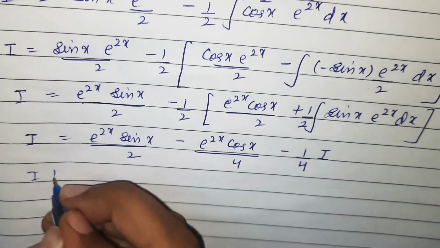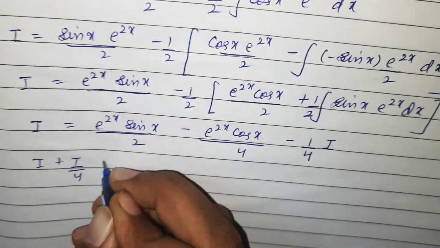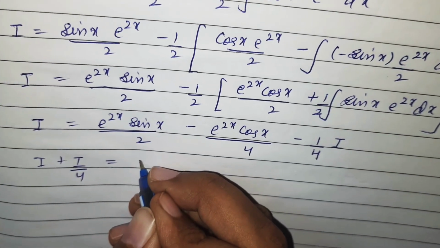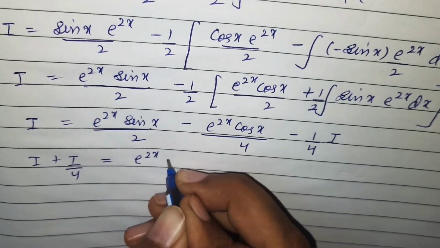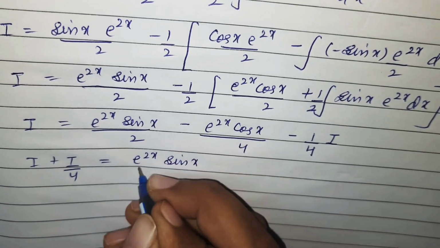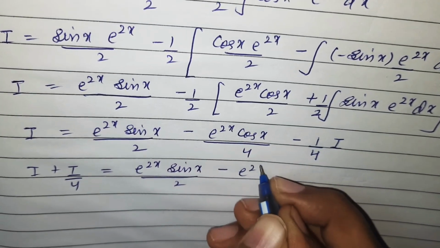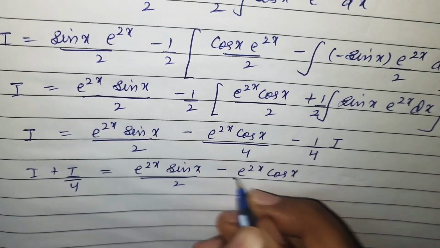So I plus I by 4 will give you e raised to the power 2x sin x by 2 minus e raised to the power 2x cos x by 4.